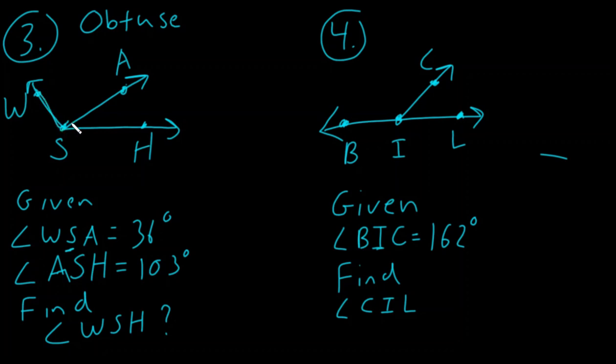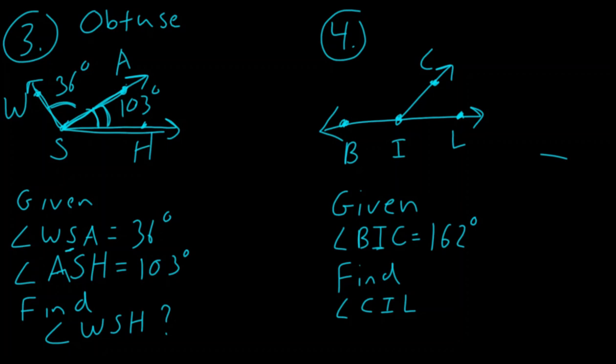So from W to S to A is going to be 36 degrees. And I'm given from angle ASH is going to be angle of 103 degrees. And one other thing that I really want to stress, when I use one arc here and I use two arcs here, I'm distinguishing that these are definitely not the same angle.